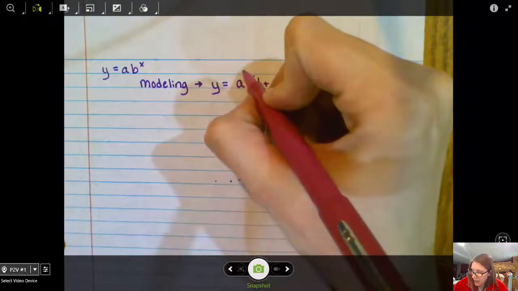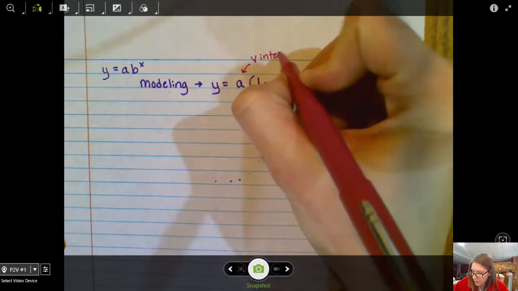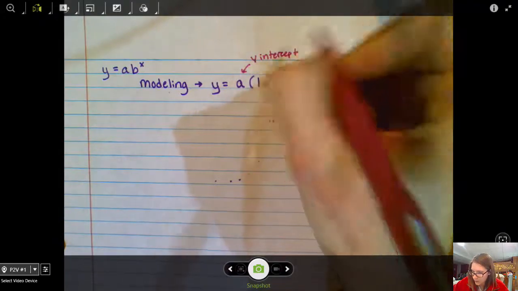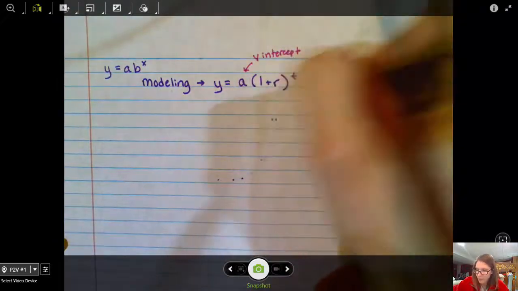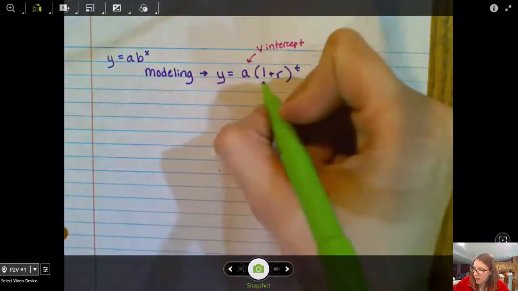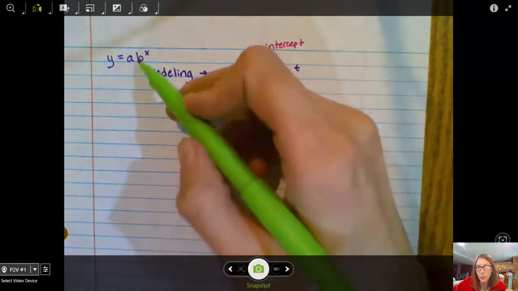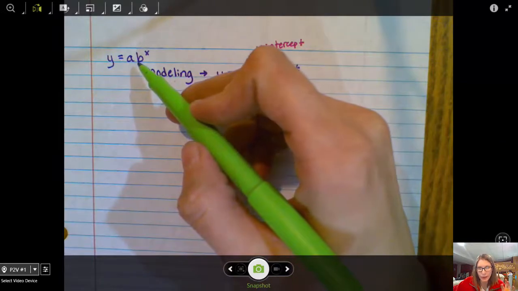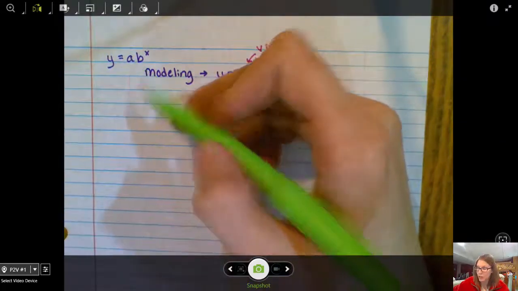Very similar because a still tells us the y-intercept, or the original or starting amount. This 1 plus r altogether still tells us what b is, what our growth rate, or what our rate of change is.